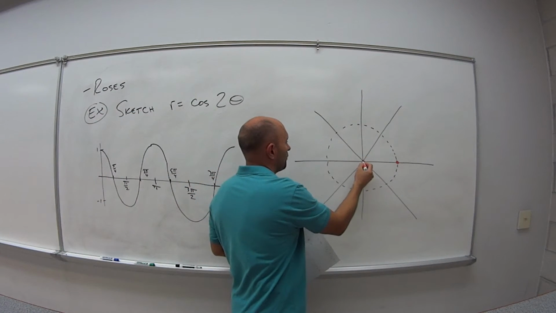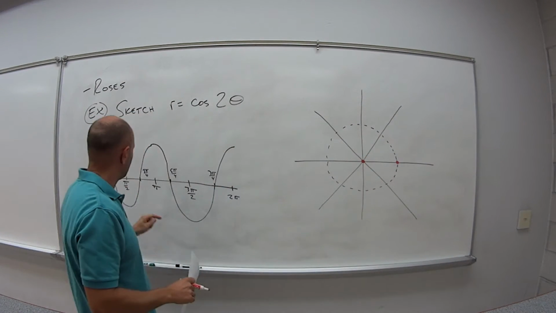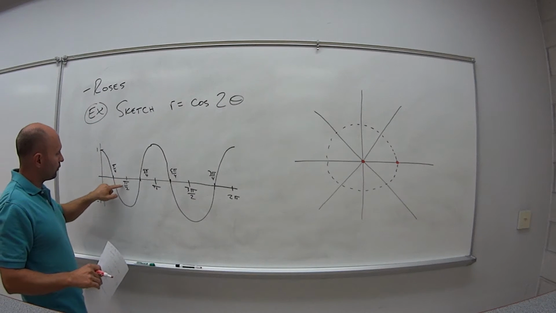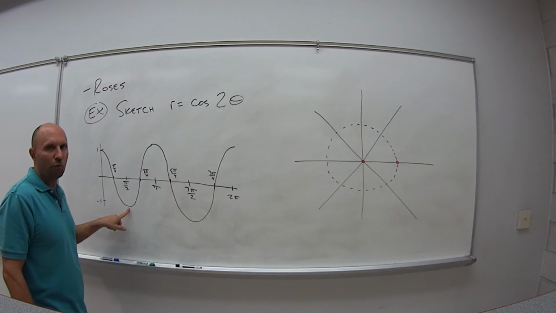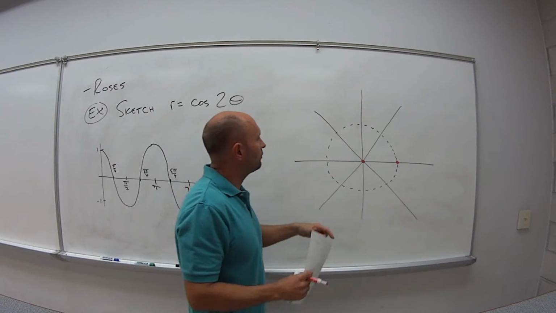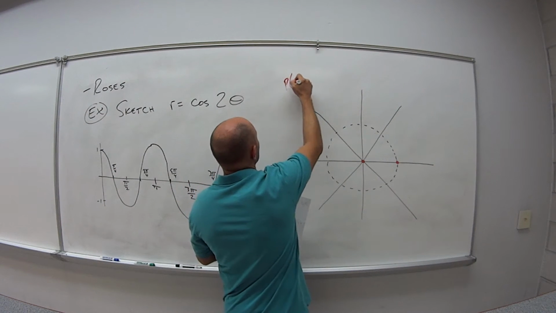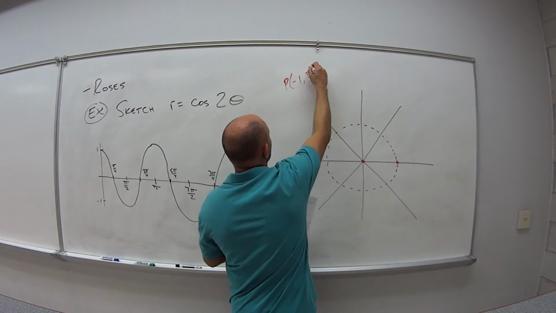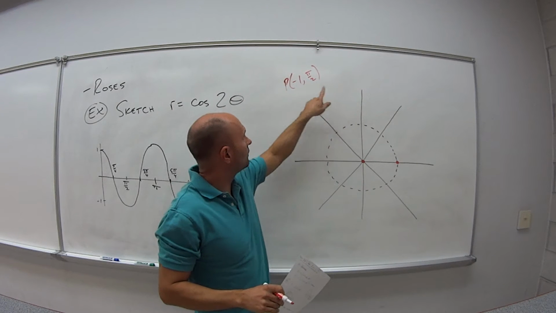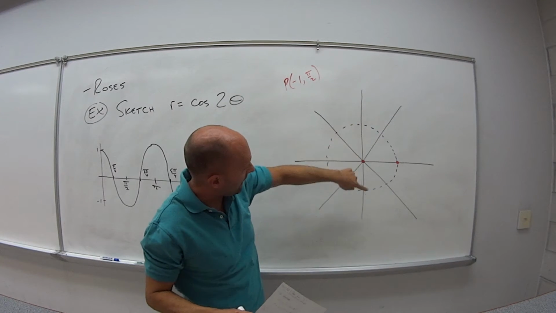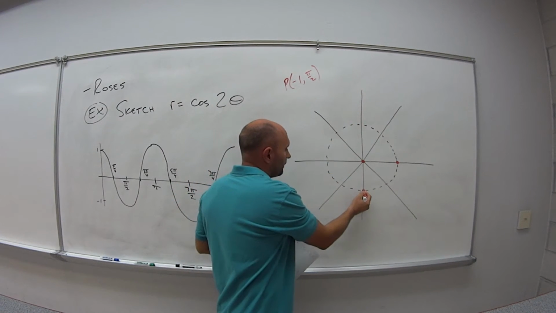So that gives me a point right at the origin. Now as I move towards pi over 2, what value do I get to? I get to -1. So remember, if I was graphing the point -1 at pi over 2, that's pi over 2 radians, so over here, but the -1 means I go in the opposite direction. So I come down to here.